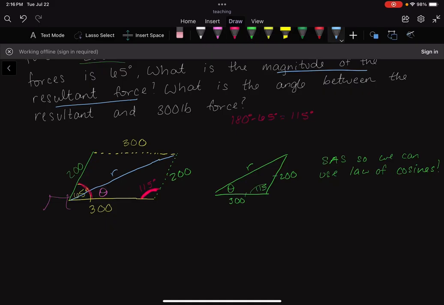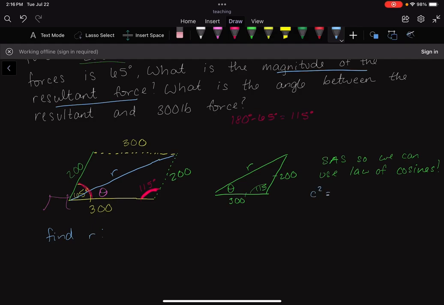So first I'm going to go find R since it's across from the angle that I know. So let me write out the law of cosines real quick. I'll just write it with one of the letters, like A, B, and C that we used before.